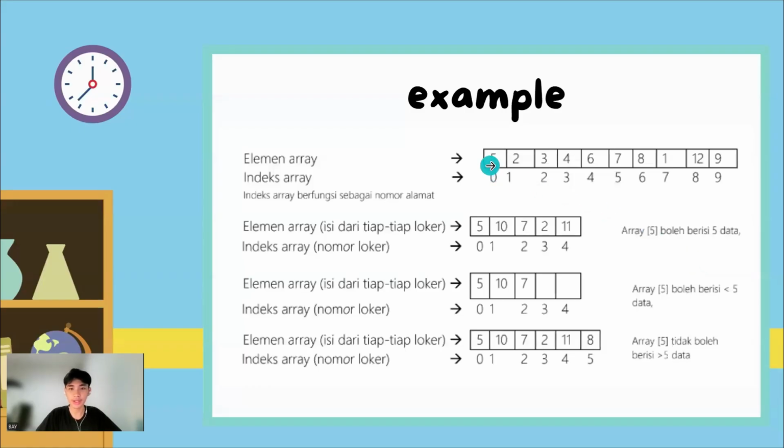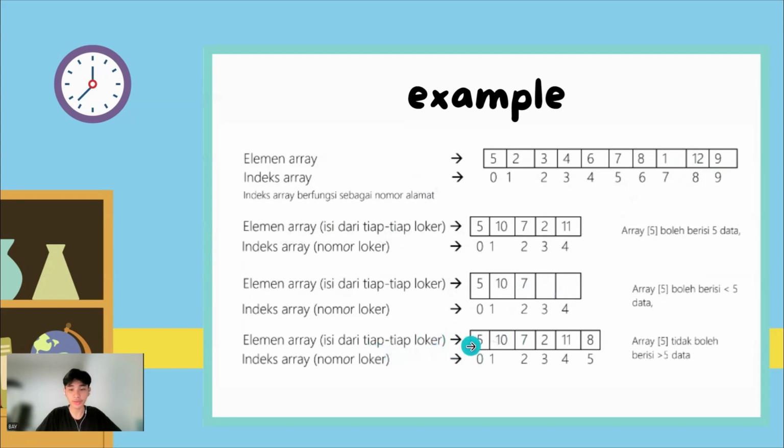For example, here I have an array with 10 columns and the index starts from 0 to 9. Next, I have an array with 5 columns and I can fill the columns with 5 data that I have. In another case, I have 5 columns and I only have 3 data, so I can fill 3 columns with my data and the others will be empty.